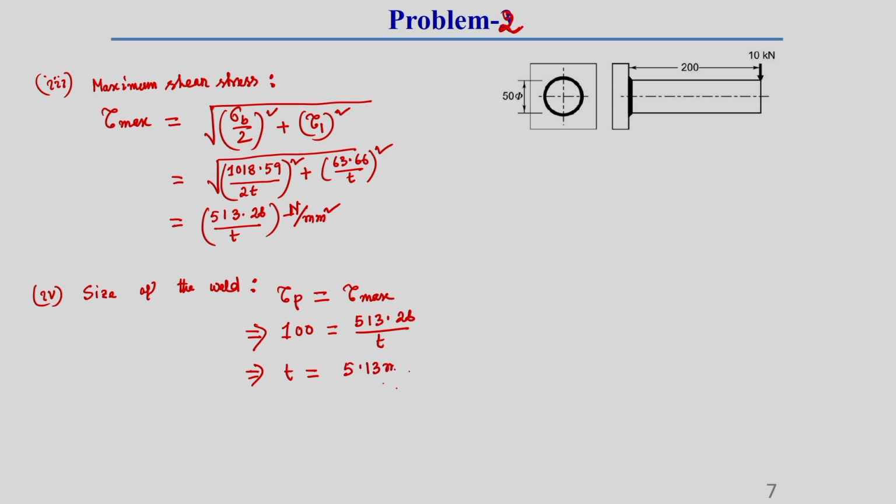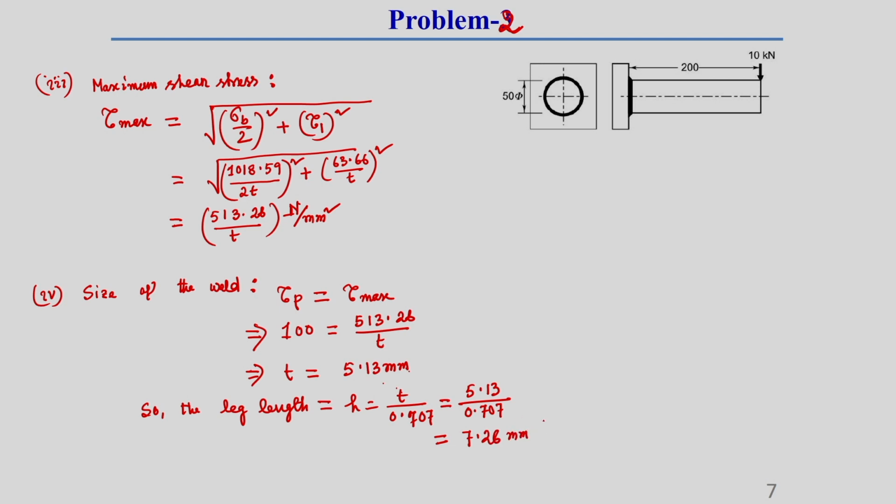So, from here we get t equal to 5.13 millimeter. So, the leg length will be equal to h equal to t by 0.707, that is 5.13 divided by 0.707, which will be equal to 7.26 millimeter.